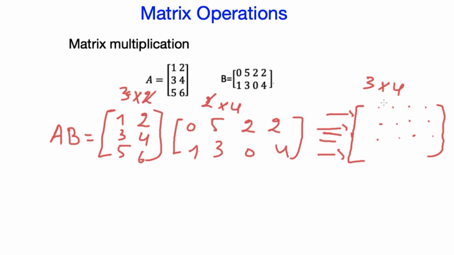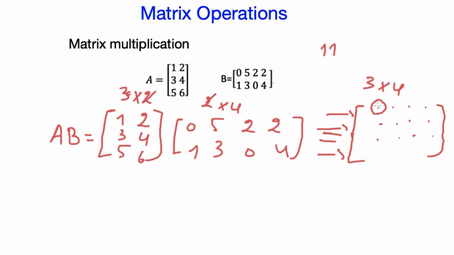How to get this entry here? To get this entry, which is at 1 1, we take the first row of the left hand side matrix and the first column of the right hand side matrix, multiply this entry with this one and this entry with this one, and take the summation.